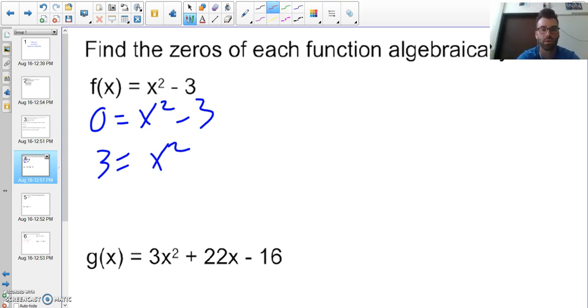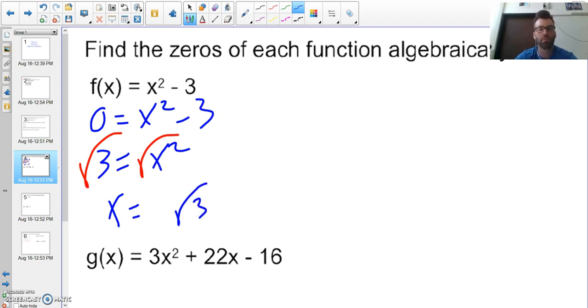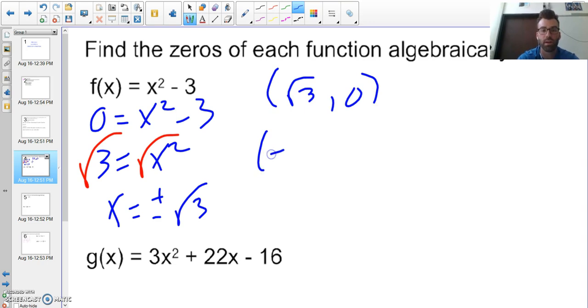Square root both sides, so x equals the square root of 3. It's not just the positive square root of 3, it's also negative, so don't forget plus or minus. To write our zeros, we write them as ordered pairs: root 3, comma 0, and negative root 3, comma 0.